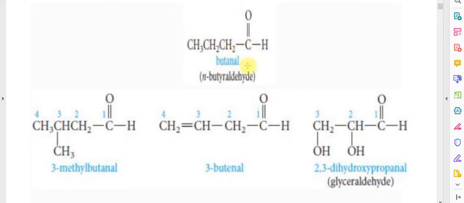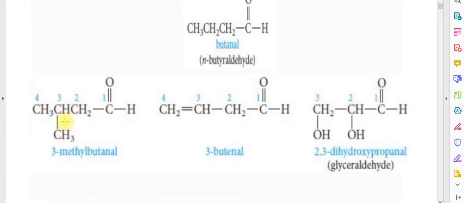So 4 carbons, so butanal. And here a CH3 group is attached to the third carbon. The numbering starts from the carbonyl carbon, given number 1. So 1, 2, 3, 4, that is 3-methylbutanal. Here it is 3-butenal, so the double bond is between the 3 and 4 carbons.